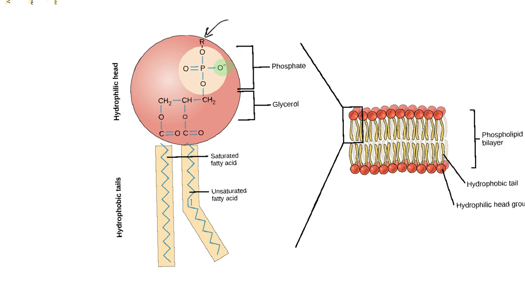But then I would also draw it, put an arrow, right? That would do, because you're gonna see it more like this than you are any other way. This is the head, and these are the two tails. Head and two tails. That's what you're seeing here, right?